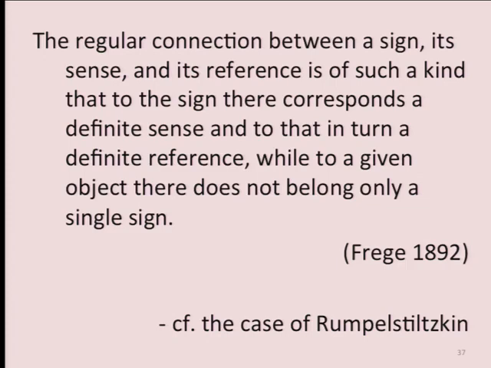And probably the most famous example of this is the case of Rumpelstiltskin. Rumpelstiltskin? Okay, the miller had a beautiful daughter, and the king came to visit the miller, and the miller said, my daughter can spin straw into gold. And the king said, that's fantastic, let's see her do it. If it turns out not to be true, I'll have her executed.